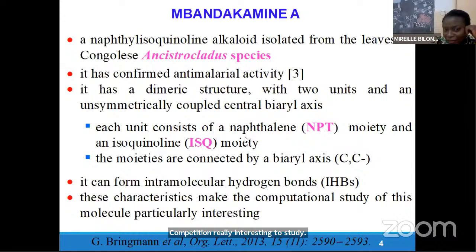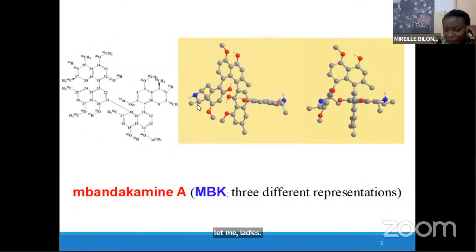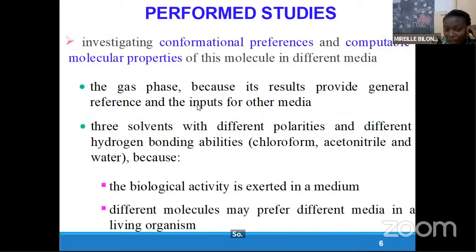So here I have the molecule's presentation. So we have performed a study of the conformational preferences and the computable molecular properties of this molecule in different media, in gas phase and in 3 solvents, which are chloroform, acetonitrile, and water.